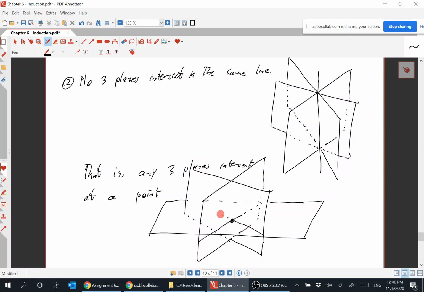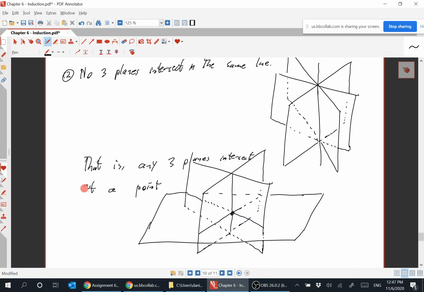That's not bad. So all 3 of these planes intersect, and this line is fine. Ah, these need to be dashed now. Okay, something like that. Every 3 planes intersect in a point, and no 4 planes intersect in the same point.